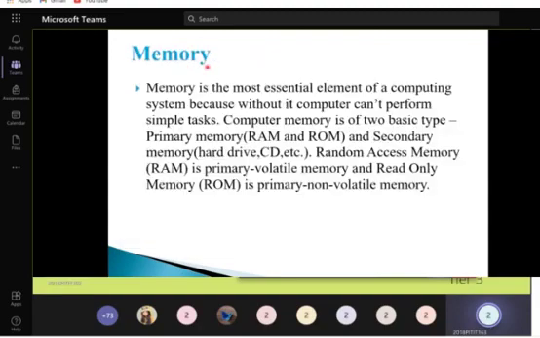So what is meant by memory? As I said previously, memory is the most important element of a computing system, because without it a computer cannot perform any simple task.